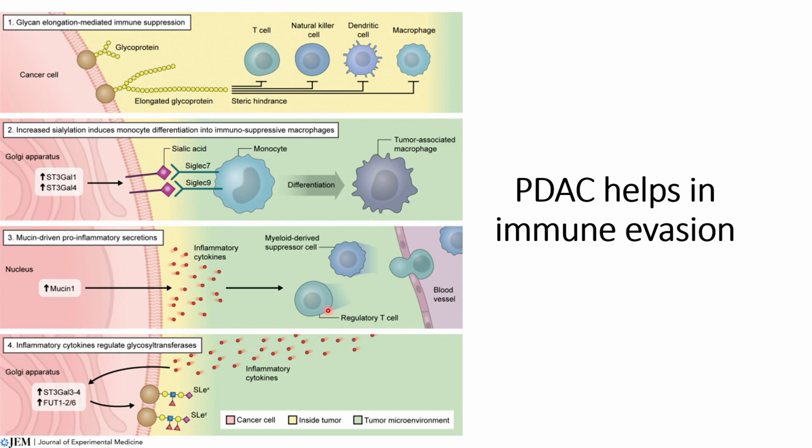So these are the four main categories by which PDAC tumor cells help themselves in immune evasion.